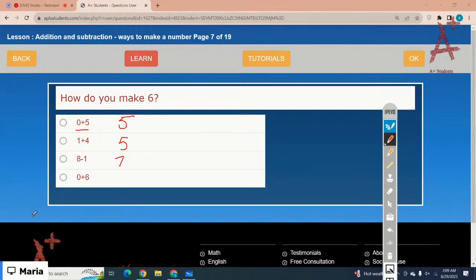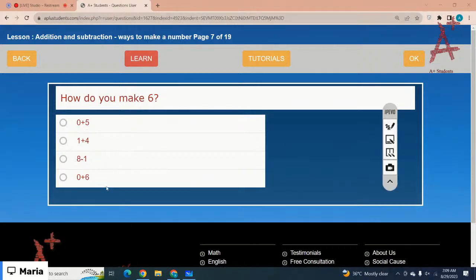And 0 plus 6 makes 6. So which is the correct option that makes 6? The last option is the correct one, right? 0 plus 6 equals 6. That is the correct option. The last option is the correct one. 0 plus 6 makes 6.